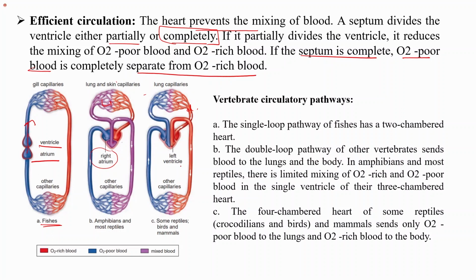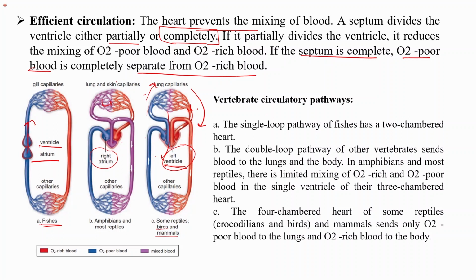But in some of the reptiles and in birds and mammals, it is a double circulation, and the deoxygenated blood comes from the right atrium to the right ventricle and goes through the lungs, and then the oxygenated blood comes into the left side of the heart, which is pumped all over the body through the left ventricle.